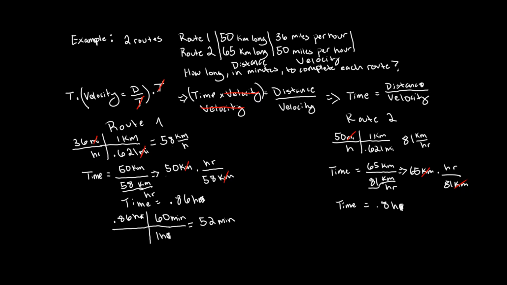And then over here, we have 0.8 hour, and we know 1 hour is equal to 60 minutes. That's going to be equal to 48 minutes. So we find that route 2 is faster by 4 minutes. Now, let's do another example.